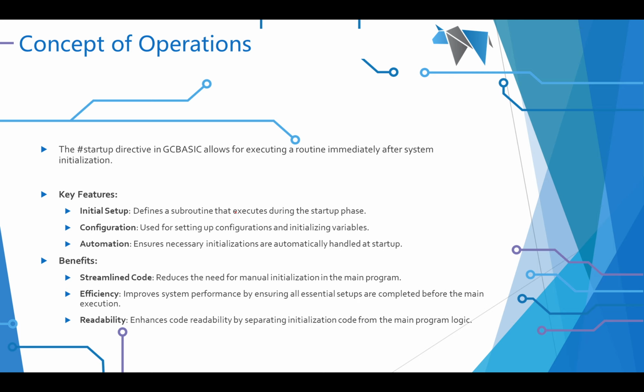It defines that subroutine that's executed during the startup phase. It's configured for you, and really you don't have to do very much. The only one you might actually see is PPSINIT. If you're using a PPS chip, you need to do that quite early in the process, and we even give you a sample for that. And it makes for very streamlined, efficient, highly readable code, because you know where to look.